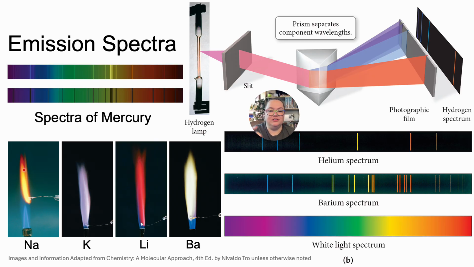Potassium is this pale, lavender color. Lithium is this bright red, and barium is this yellowish, almost white color. From barium, we've got a lot of yellows and yellow greens and some orange in there. That's what gives the color here.